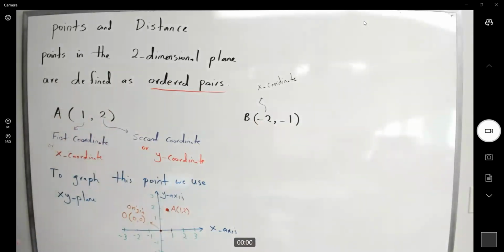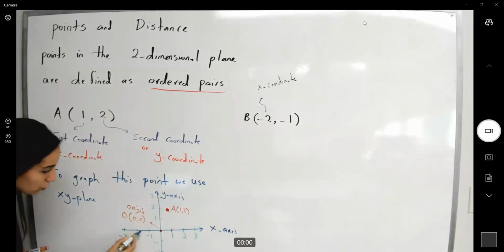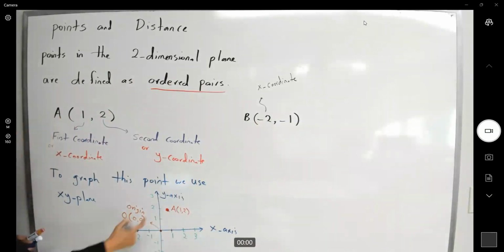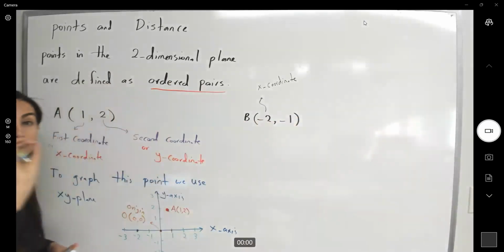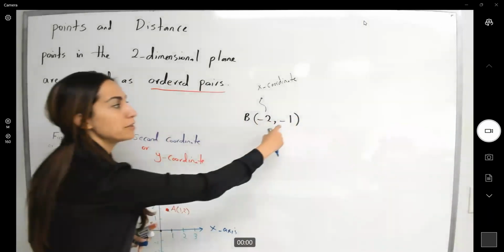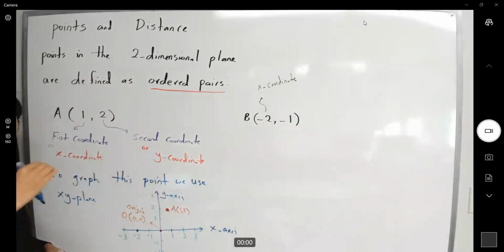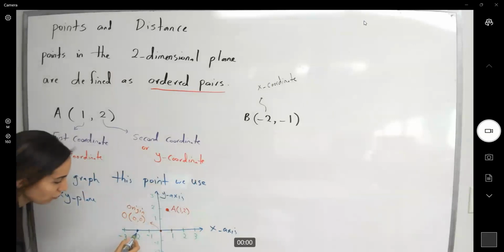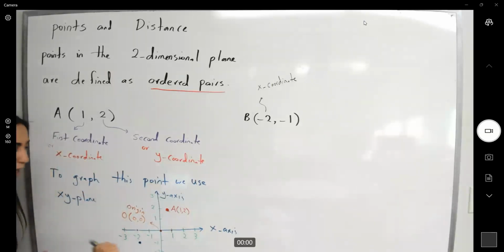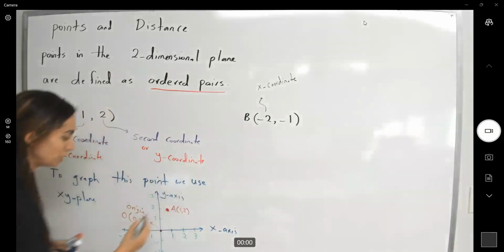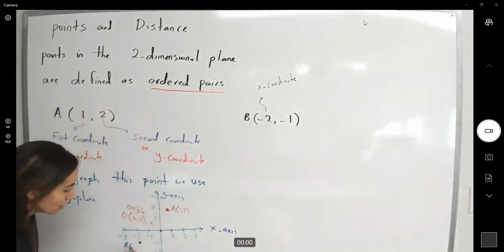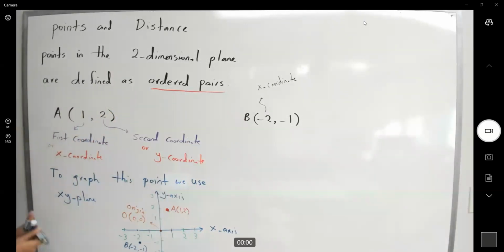Now the second coordinate, y coordinate, says I am -1. I'm not positive. It means that I have to shift 1 unit downward. So you started at -2, and now you shift it 1 unit downward. Here you have the second point, B, with first coordinate -2 and second coordinate -1.